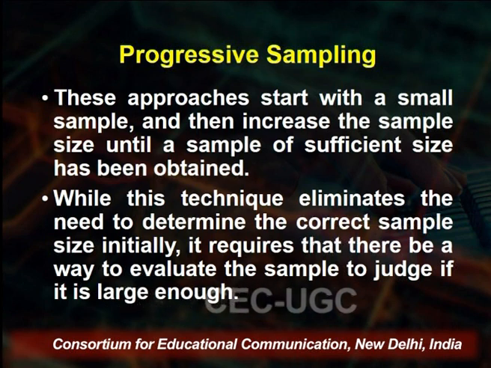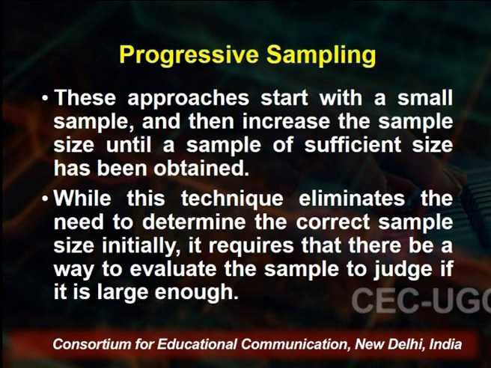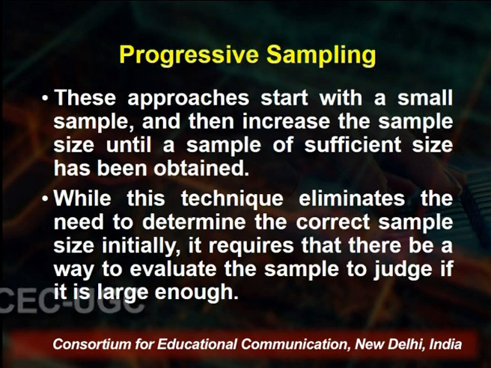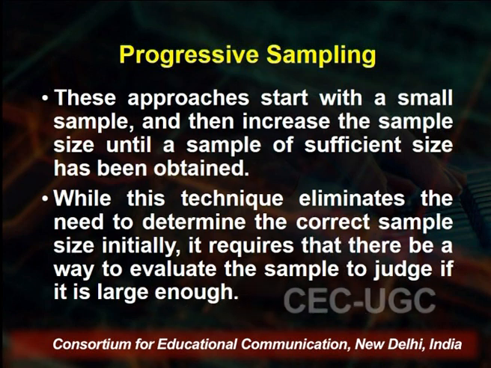So the next approach we look at is progressive sampling, where we look for a sample of sufficient size so that information loss does not take place. In this case we are eliminating the need to determine the correct sample size initially, right. It requires that there be a way to evaluate the sample to judge if it is large enough.